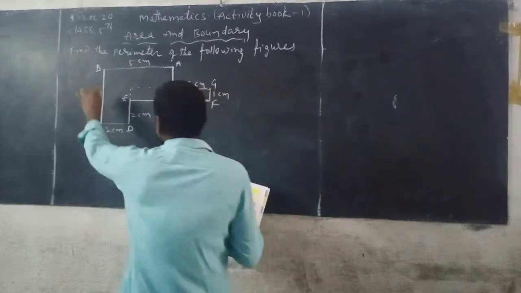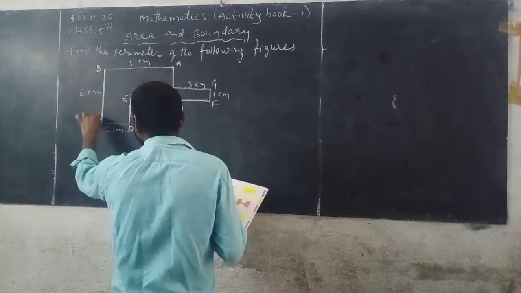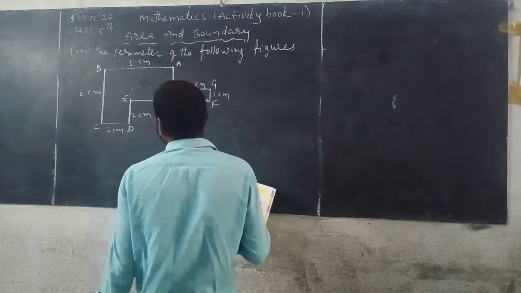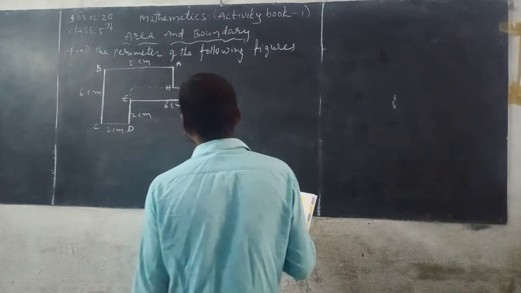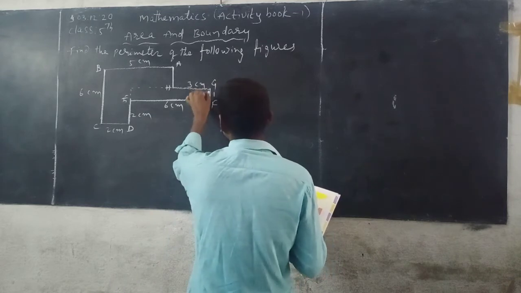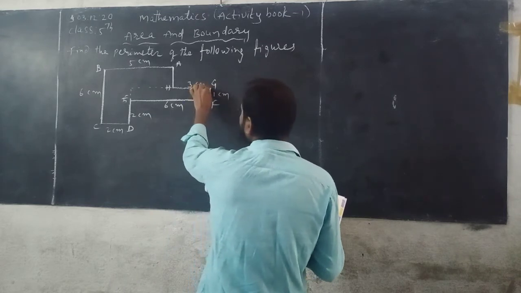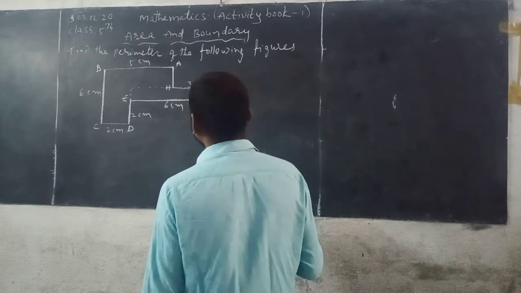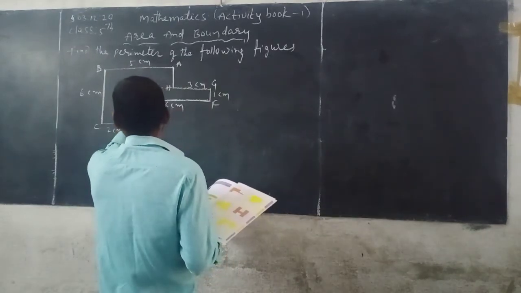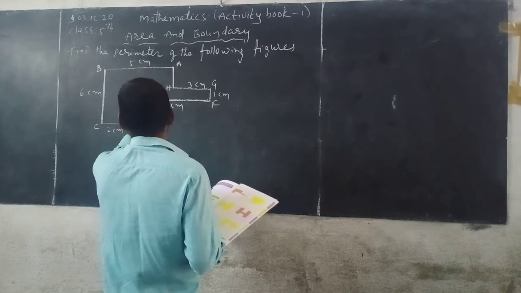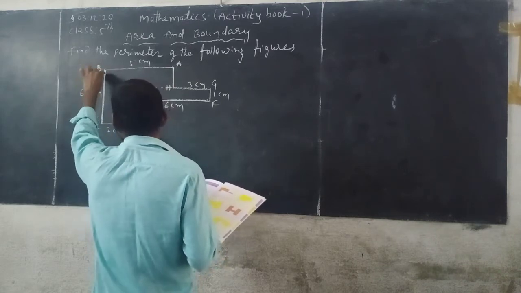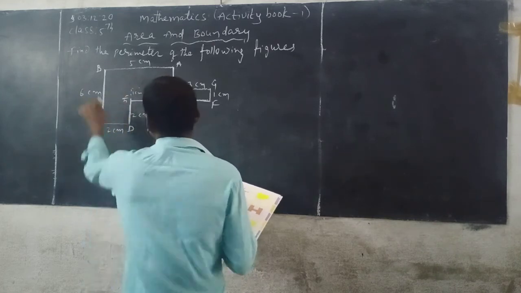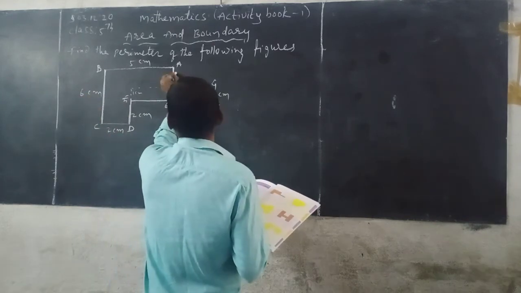See here, this is 6 centimeter. So DE is parallel to AB. DE is equal to 2 centimeter, and also FG is parallel to BC. Then you can write here 1 centimeter. See, this is total what? 6 centimeter. 2 plus 1, 3 centimeter. 6 minus 3, you can get 3 centimeter.